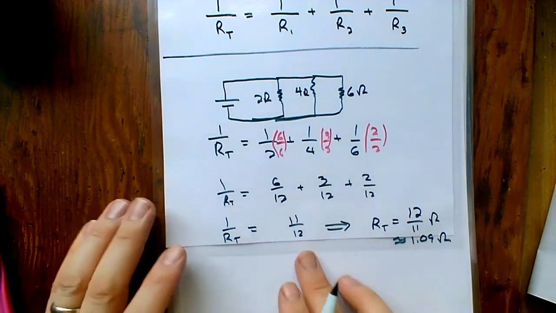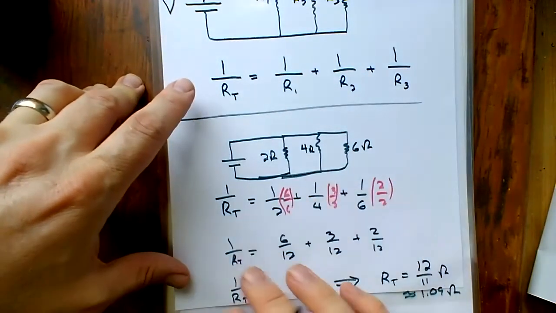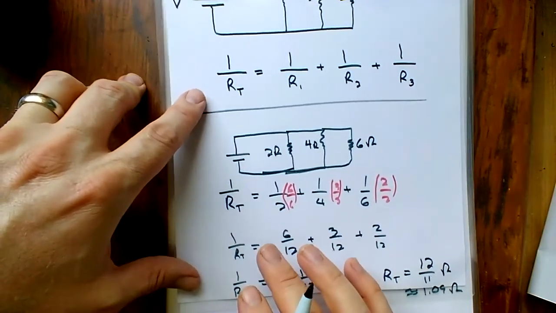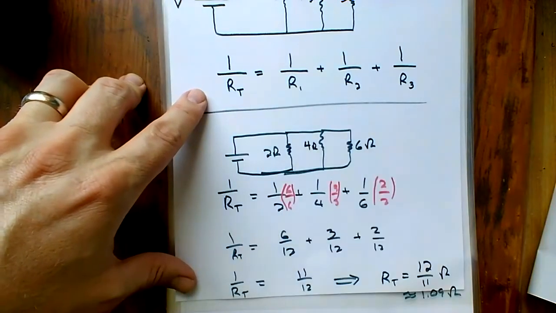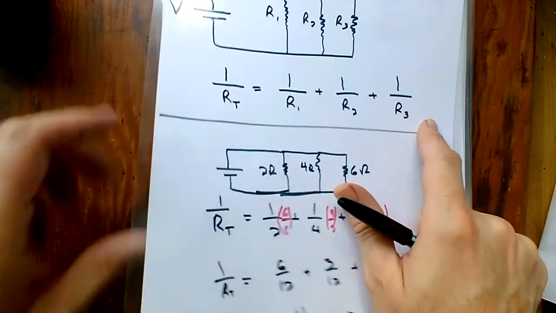Honestly, this formula might be inconvenient to use, but it's still something that we can go ahead and use, and it's going to be important for us later on when we talk about combination circuits.